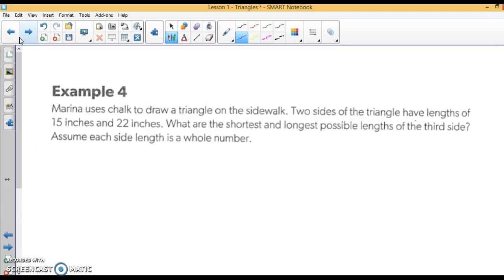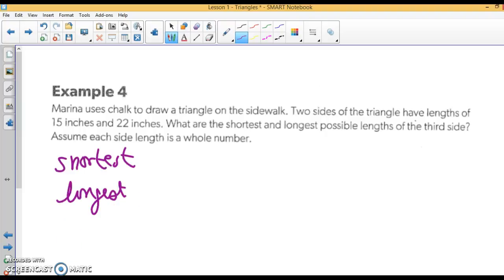All right. Marina uses chalk to draw a triangle on the sidewalk. Two sides of the triangle have lengths 15 and 22. What are the shortest and longest possible lengths of the third side? So, shortest, longest.